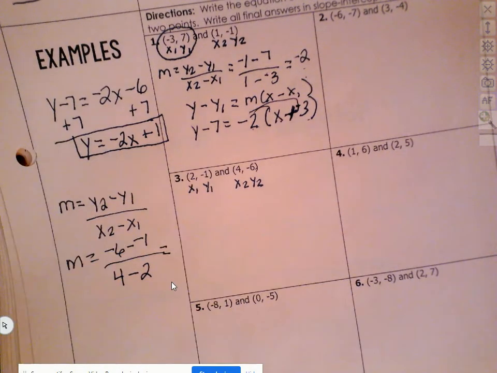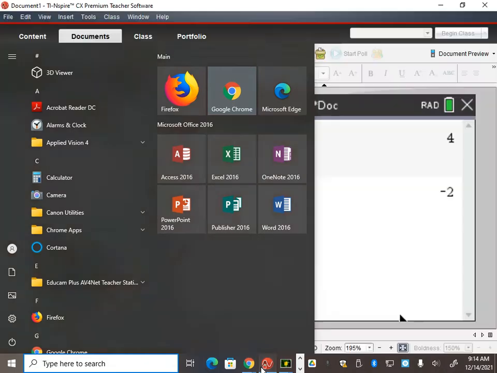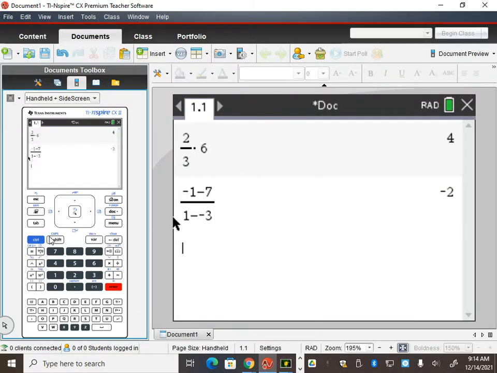And now I pull up my calculator, control divide, and I have negative 6 minus negative 1 over 4 minus 2. I hit enter, and I get negative 5 halves. So that is my slope.